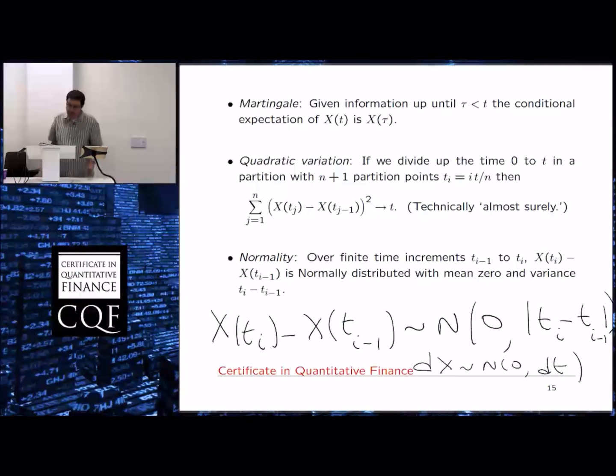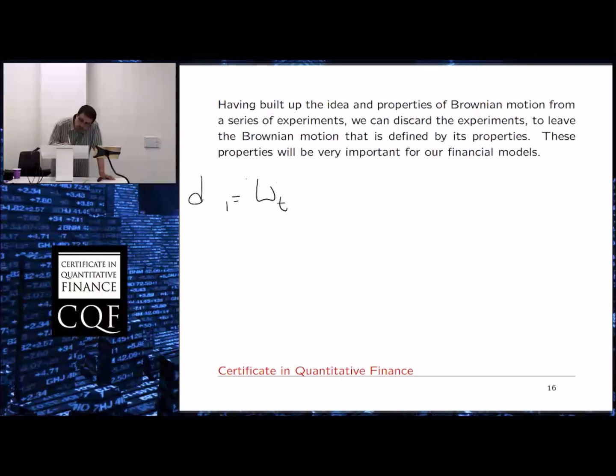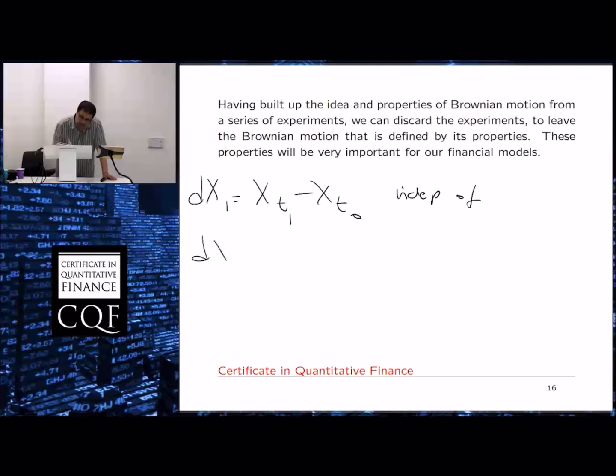So for example, if I've got dx1, it is x t1 minus x t0. This is going to be independent of dx2, which is x t2 minus x t1, which is going to be independent of dx3, which is equal to x t3 minus x t2.